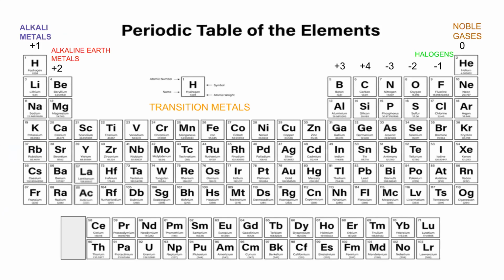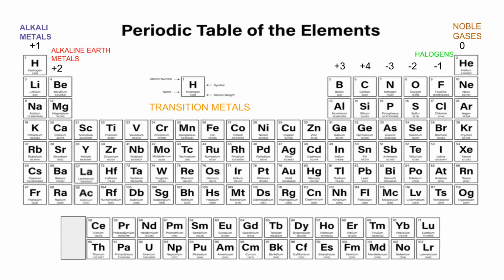The halogens and the noble gases are 0. The number of electrons and protons is equal to the atomic number, and you have the atomic mass down there, the element symbol, and the name.